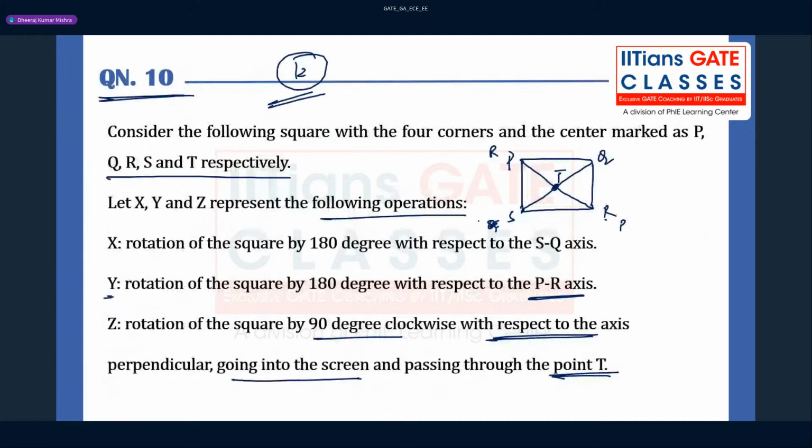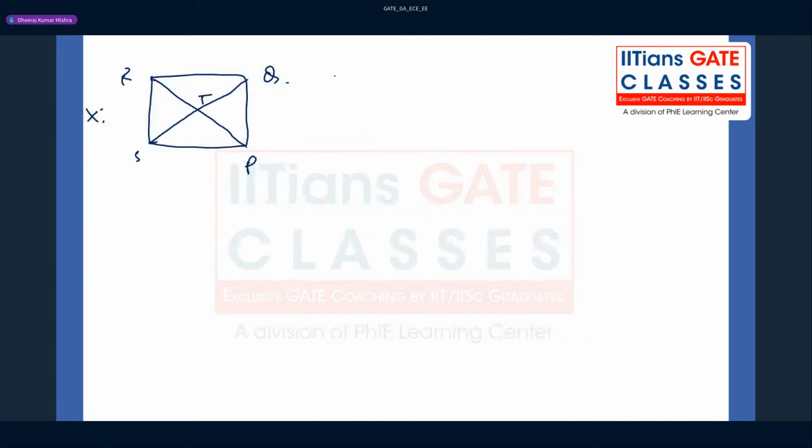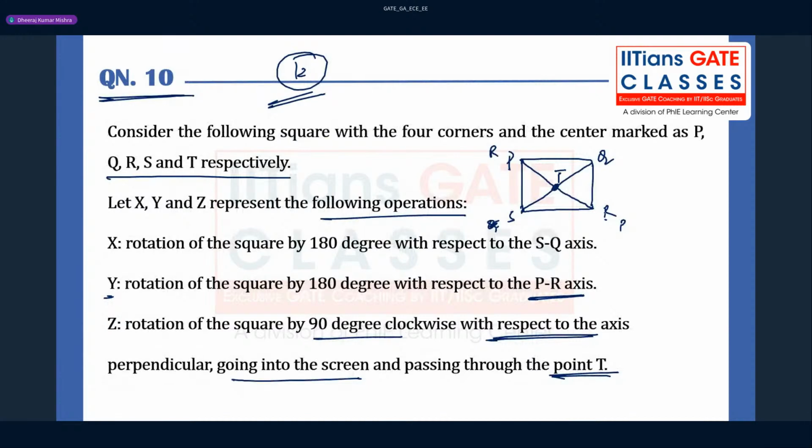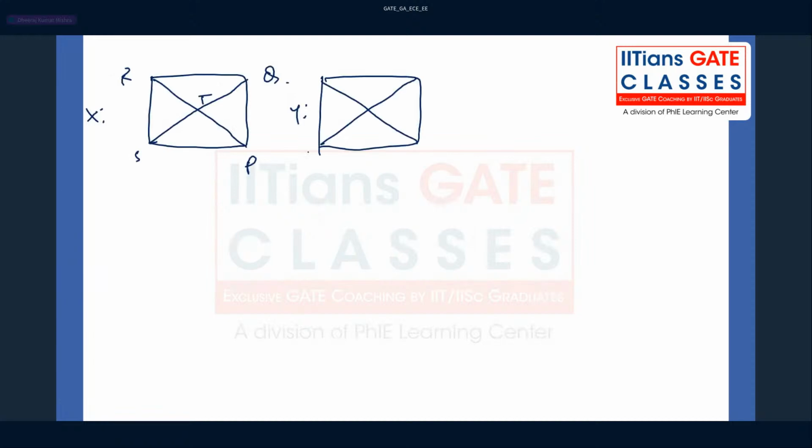You see, SQ will be okay, but P and R will be switching their vertices. Now, 180 degree with respect to what? PR, right? PR. So what will happen is that Q will be here, S will be there, with respect to PR.